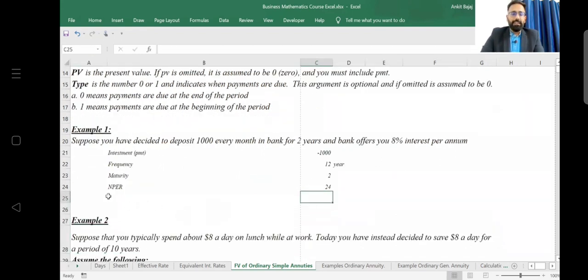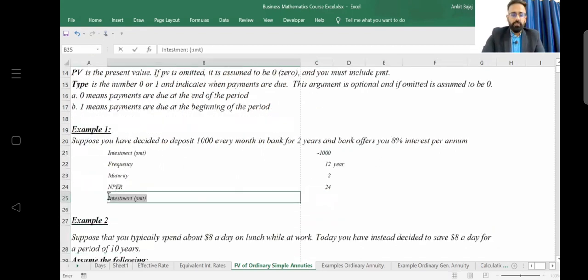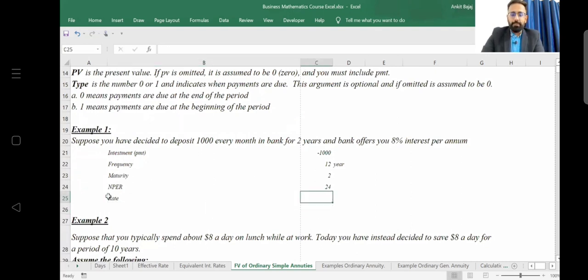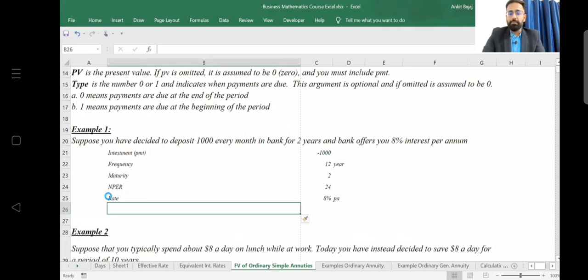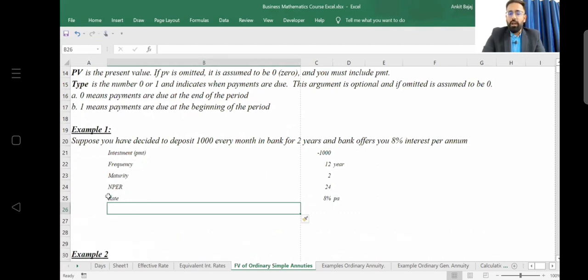Now, if I talk about the interest rate, so that is going to be the rate. The rate is 8% per annum. But here you are investing your money regularly, that is monthly, so now we have to calculate the monthly rate, because every month you will be getting interest.